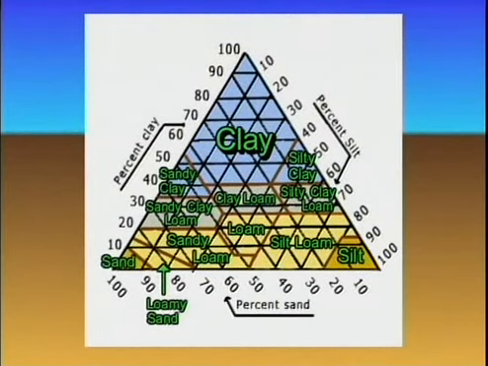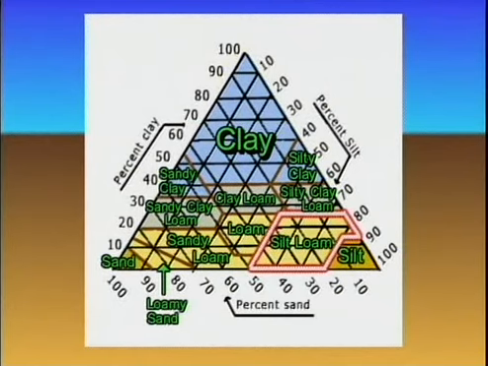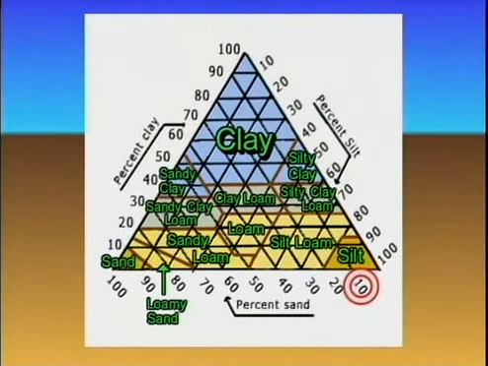If we look at the example I just used, every soil falling within this box is going to be a silt loam. Well, what percentage range of sand can be in a silt loam soil? It could be clear down here at 10% sand, or even 0 technically in this corner, up to almost 50% sand-sized particles, and it could still be in the silt loam textural class.